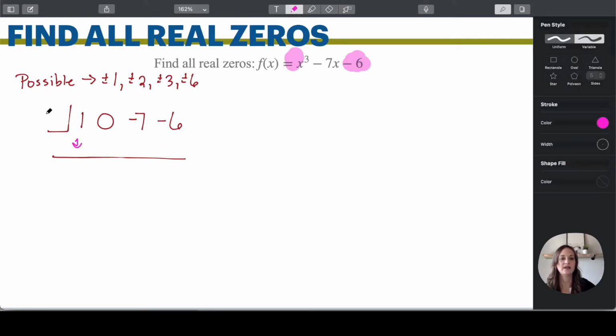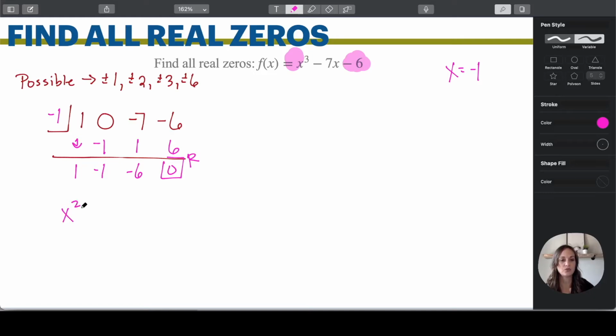So I am just going to go ahead and try negative 1. Bring down the 1, multiply, add, multiply, and we actually get a remainder of 0. So we know that x equals negative 1, again, is a 0. Now we are left with a quadratic. This is the constant, this is the coefficient in front of x, and x squared.